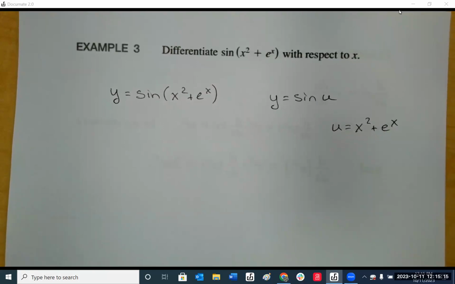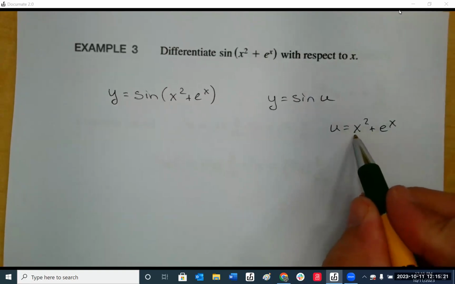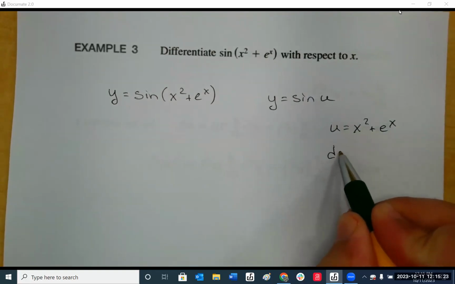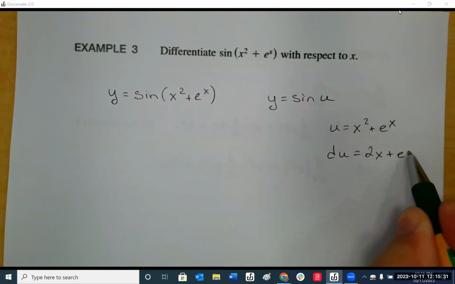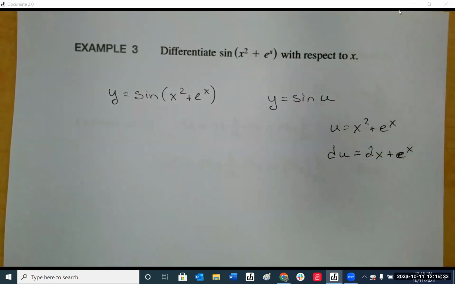The function within a function, composites. So what is du going to be? 2x plus e to the x.